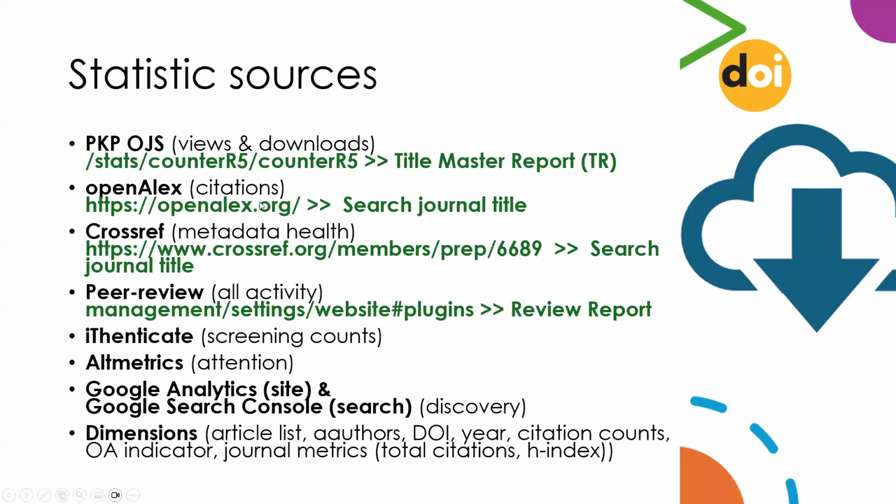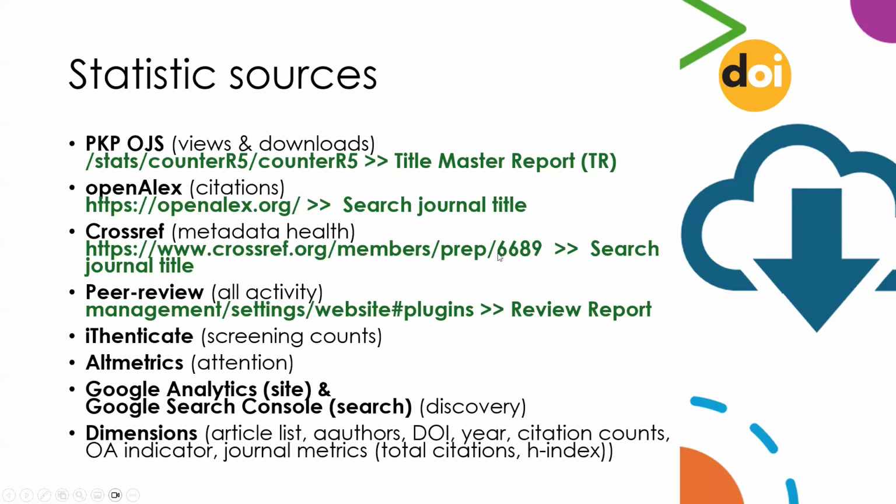I recommend OpenAlex for citations. So you simply go to OpenAlex and search for your journal title. For Crossref, although it can also measure citations, etc., I recommend Crossref to measure your metadata health.